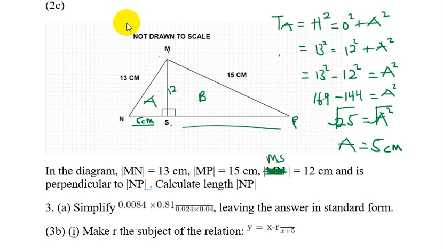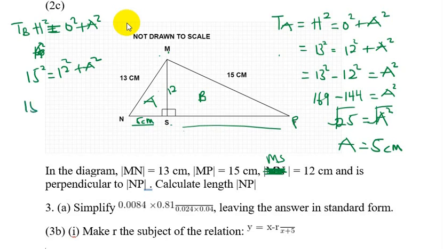We'll use the same thing to solve for B. For triangle B, hypotenuse squared is equal to opposite squared plus adjacent squared. We are given that the hypotenuse is 15. So 15 squared is equal to 12 squared plus a squared.